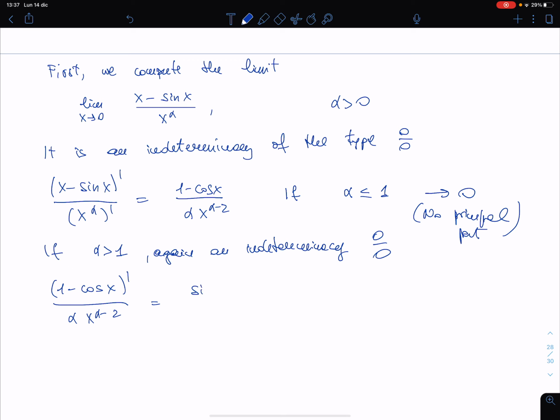This is equal to sine of x divided by alpha times alpha minus 1 x to the alpha minus 2. And again, for alpha between 0 and 2, this goes to 0, so no principal part.